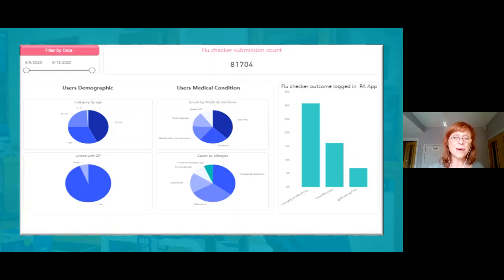They would otherwise have been ringing the practice. So of those 182,000 patients, we have directed about 80,000 of them already away from their practice. That's, we hope, 80,000 phone calls which would have been made to practices and which are not being made as a result of the checker. If we move on to the next slide, please.